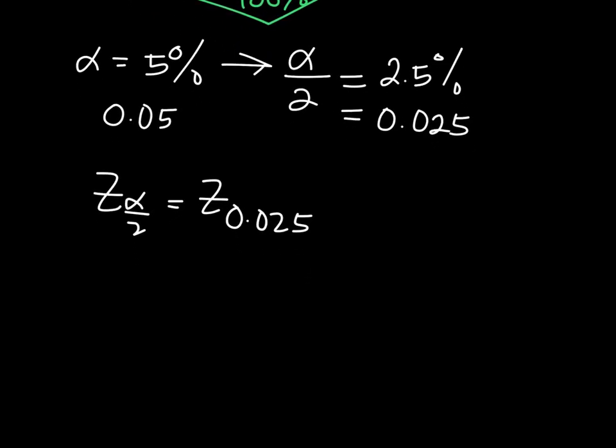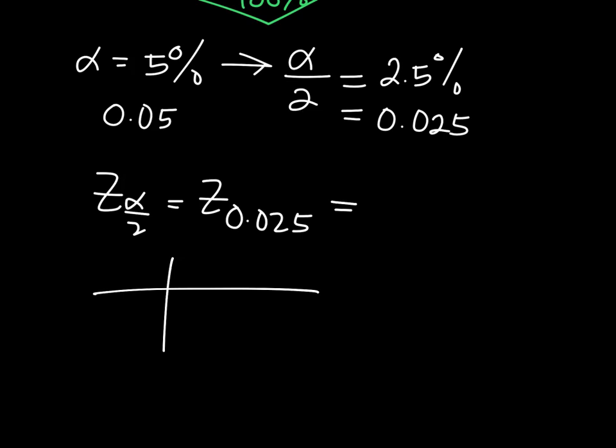Now, to find this number, there is a long way, and that is by using the z table. But if you have a list of the z values, all you have to do is to locate from your list what is the z of 0.025. You can have this list from online. You can take a copy.